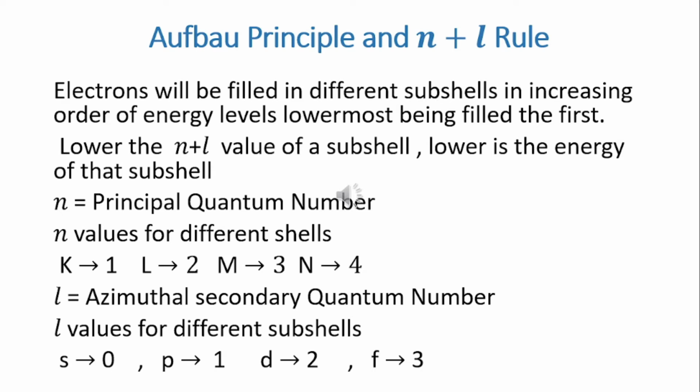What is l? l is the azimuthal or secondary quantum number. l can have values for different subshells as s subshell 0, p subshell 1, d subshell 2, and f subshell 3.